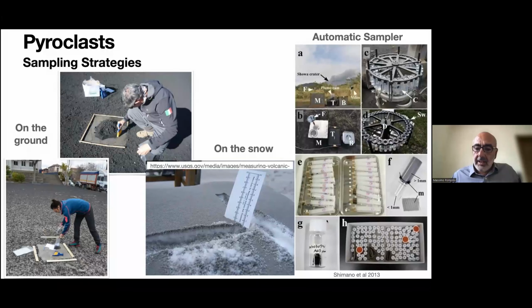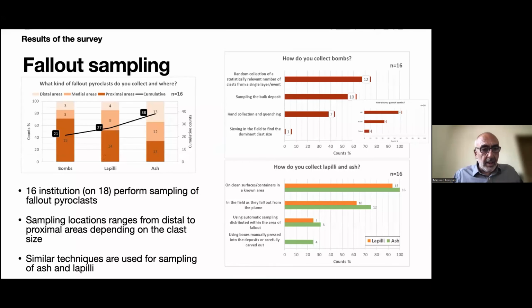This is from Shimano et al. It is a sort of drum with different containers that rotate with a timer and collect different samples over time. Most institutions perform sampling of fallout. Sampling locations range from distal to proximal areas, depending on the clast size.